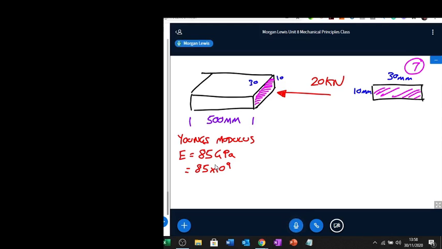We've got to find the stress, we've got to find the strain. Same formula, just slightly different this one. Stress, strain, and we'll also find, number 3, the amount the bar compresses.